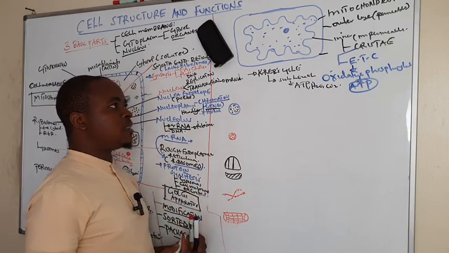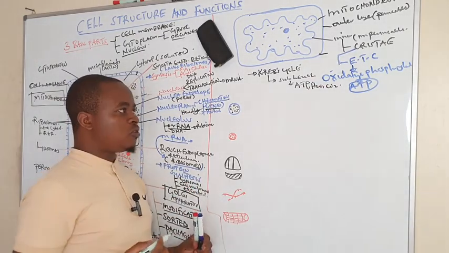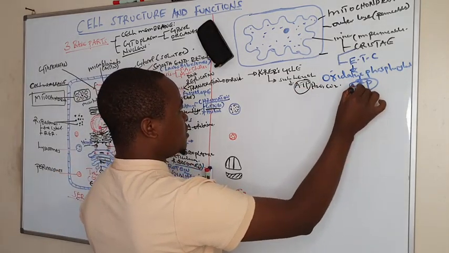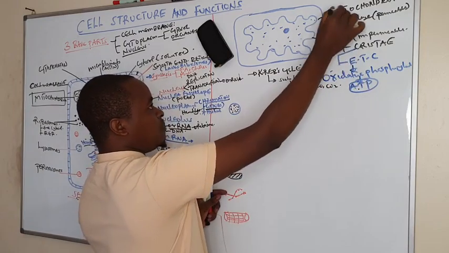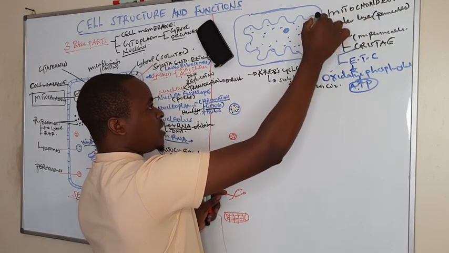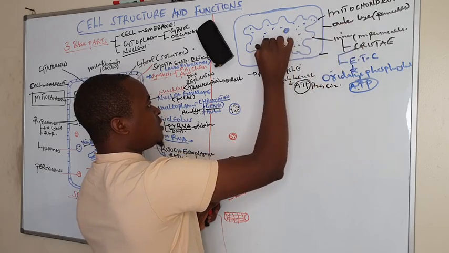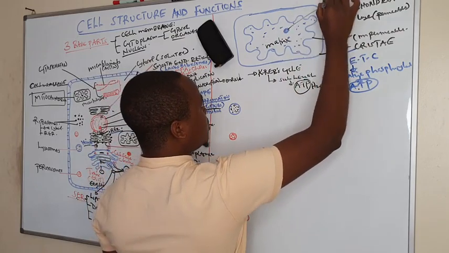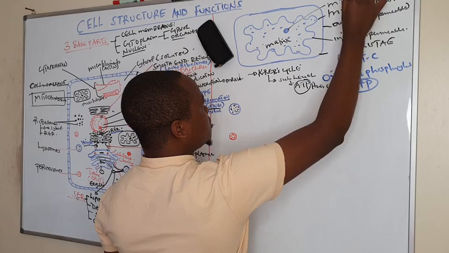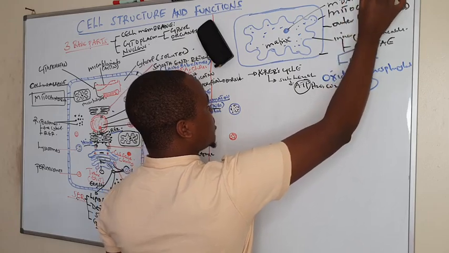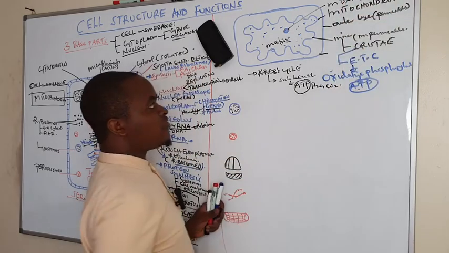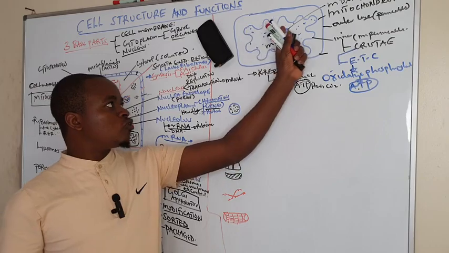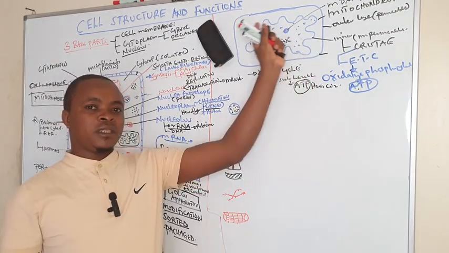So we are going to see that the major function of the mitochondria is production of energy in the form of ATP. So after seeing the mitochondrial outer membrane and the inner membrane, it also contains the mitochondrial matrix and the mitochondrial DNA. It also has mitochondrial DNA, and this is from the mother. The mitochondrial DNA is acquired from the mother, and it also controls activities within the mitochondria.